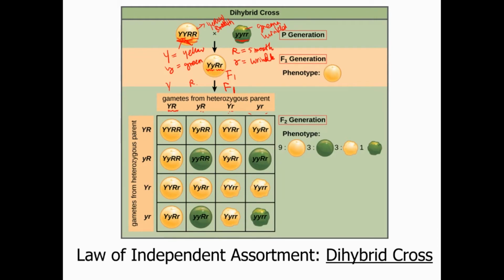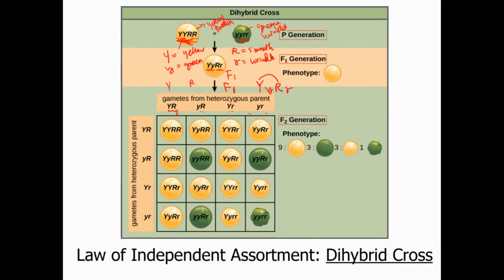And these are all the possible gametes from a heterozygous parent. Okay? So what you can do is to write out the genotype, and you can do different combinations. So what if a gamete inherits the big Y and the big R?